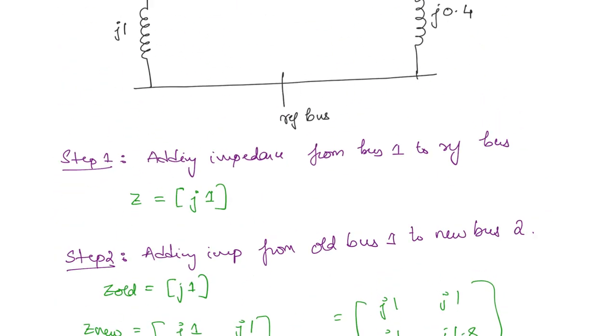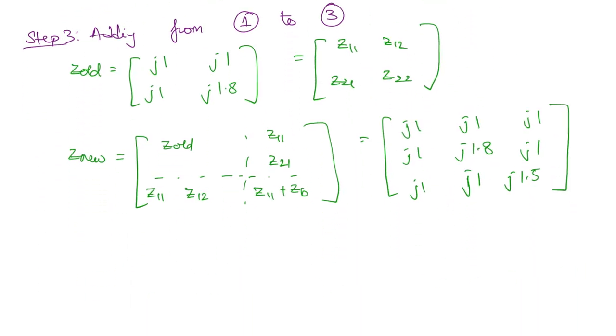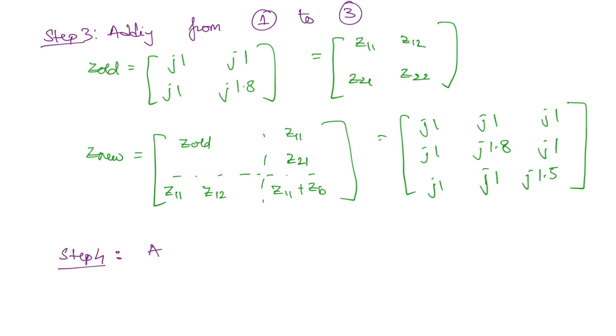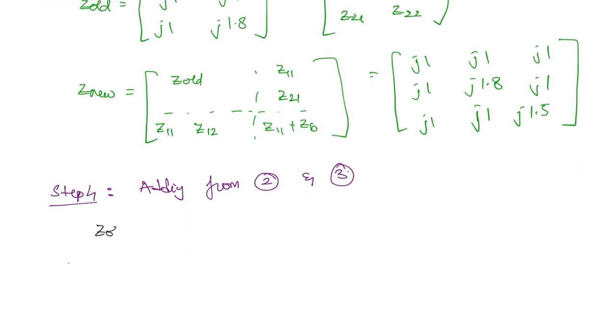Next we will add the impedance between bus 2 and 3, right. These are two existing buses now, right, they are already incorporated. So this we will see, this might have been the confusing case, right. This is case 4 in the modification, okay. So adding from 2 and 3. First let us write the old matrix.